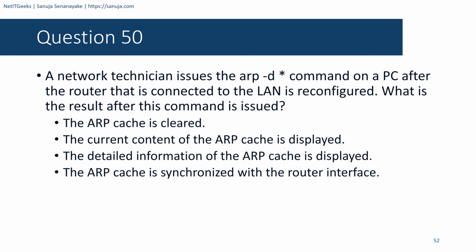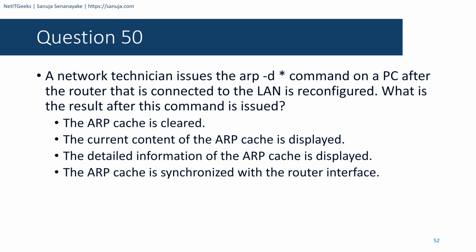Question number 50. A network technician issued the arp -d * command on a PC after the router that is connected to the LAN is reconfigured. So you have a PC, and the network technician reconfigured the router, and he goes to a host that is connected to that router, and on that host he entered the command arp -d *. What is the result after this command is issued?